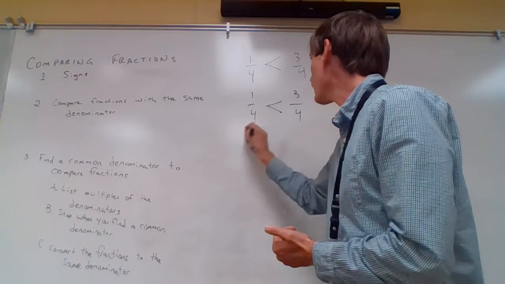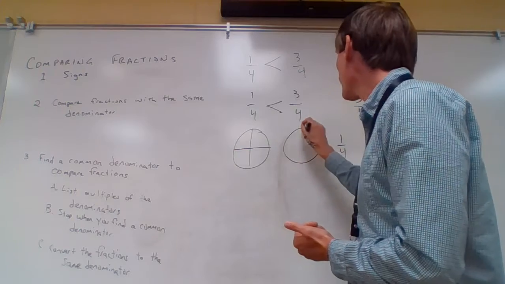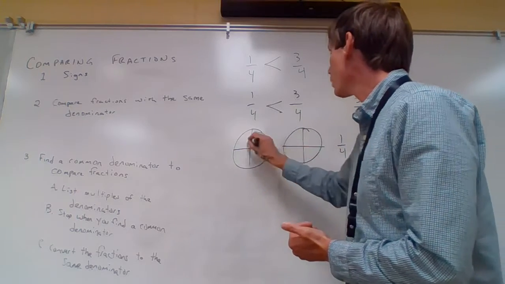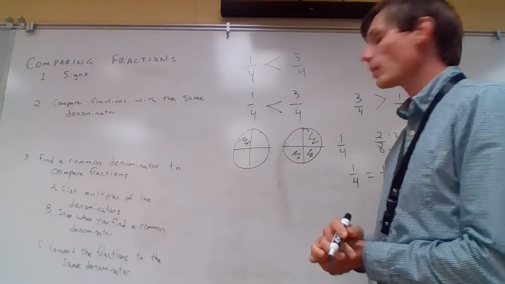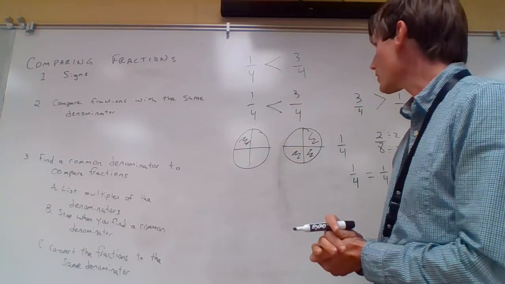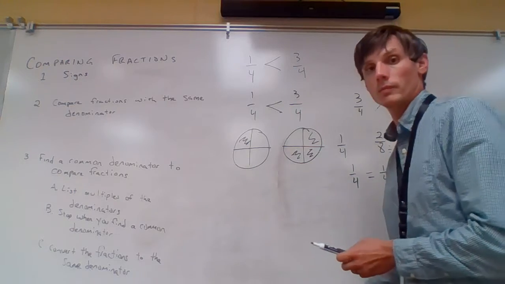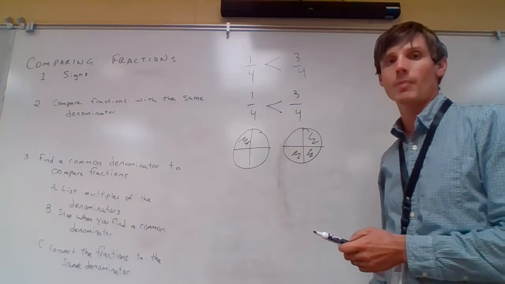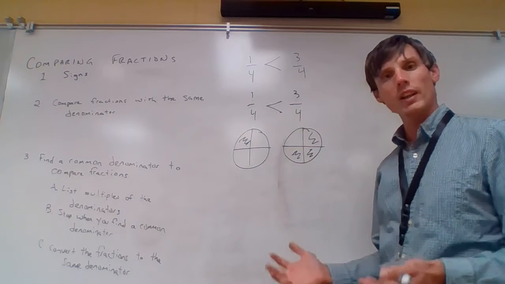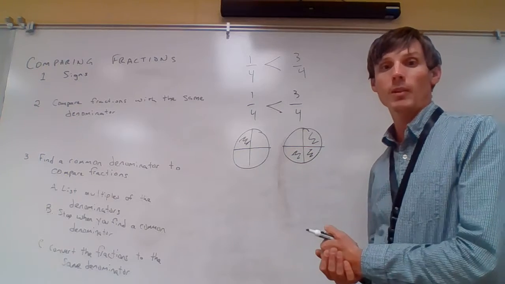With a visual, something cut into 4, something cut into 4, and 1 part versus 3 parts, we see obviously 1/4 is smaller, 3/4 is bigger. When you have the same denominator, it makes comparing really easy, because you're just looking at your numerators and saying which numerator is bigger or smaller.